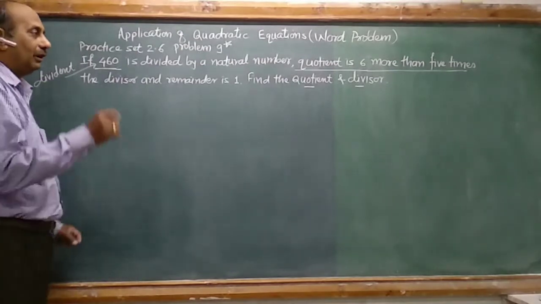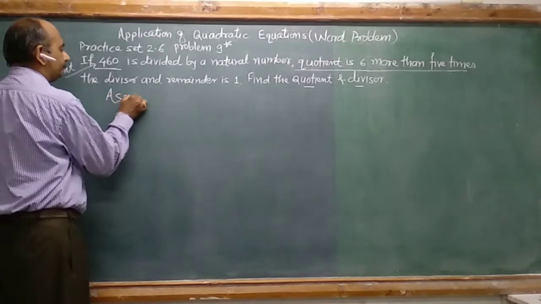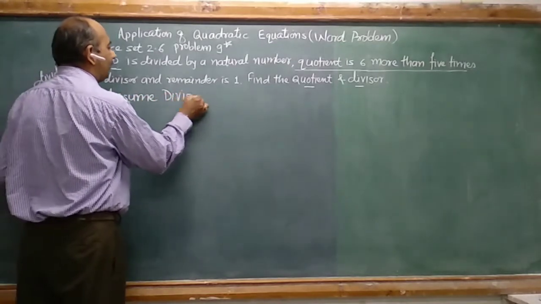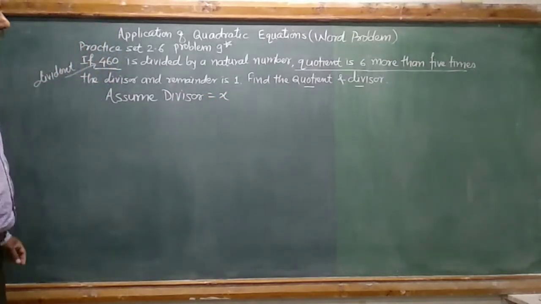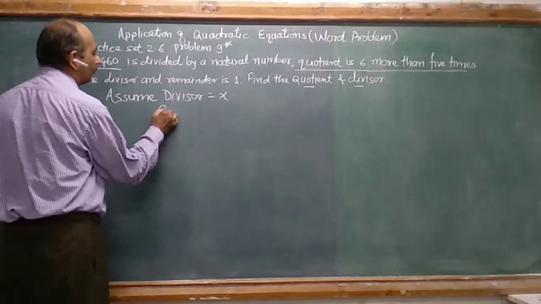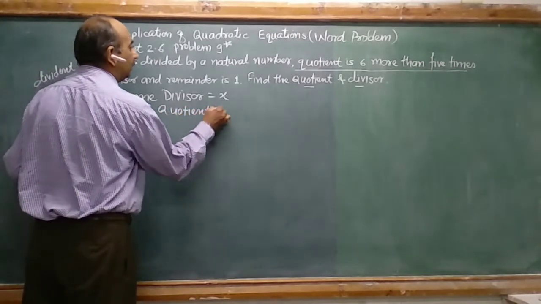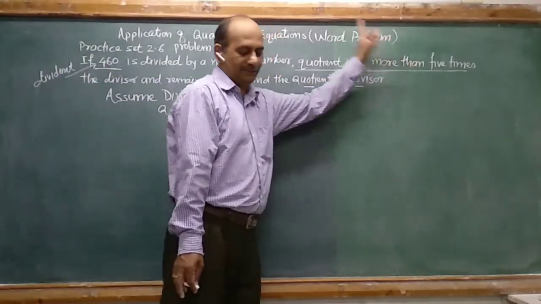Okay. So let us consider, assume divisor is equal to x. Now what will be the quotient? Quotient is what? Quotient is 6 more than 5 times.